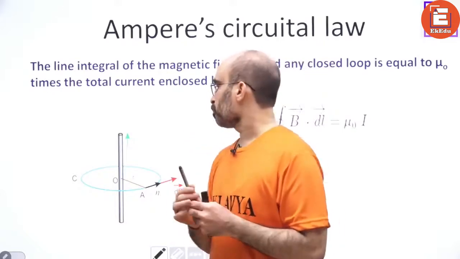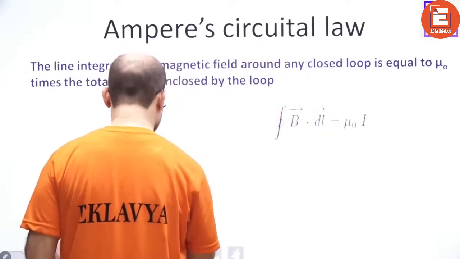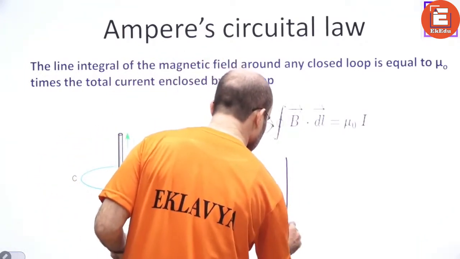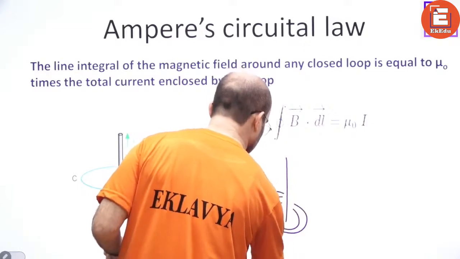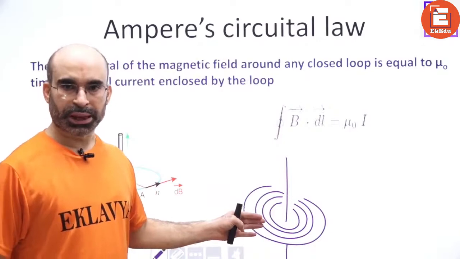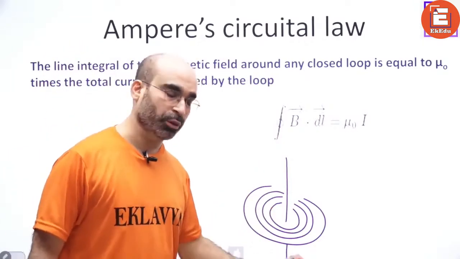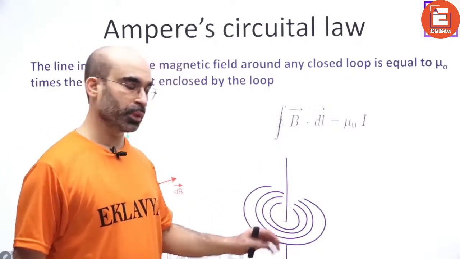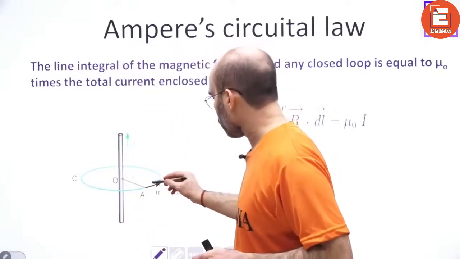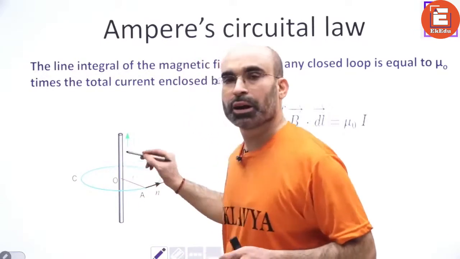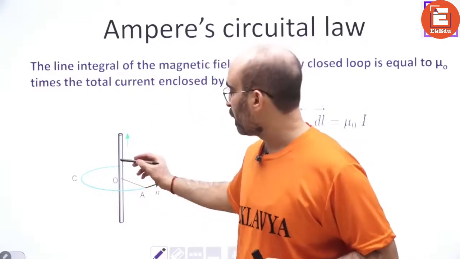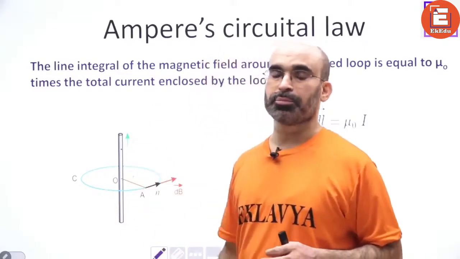As you know, there would be multiple concentric circular loops of magnetic field. Suppose we have considered this loop, which is a loop of magnetic field, and this is the current flowing in this conductor.